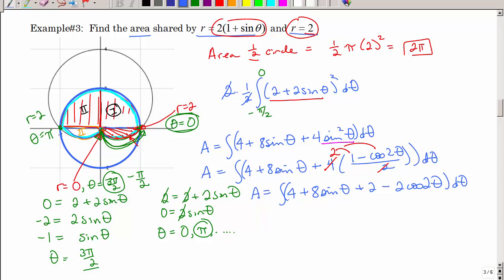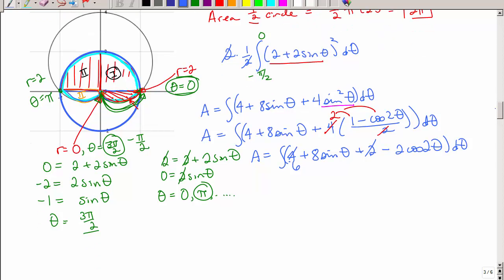I can collect like terms. 4 and 2 are 6. Okay, so now I'm going to integrate with respect to theta. So we have 6 theta plus 8 cosine theta. Here I need to be really careful. I have the minus 2 here, and then because of the 2 theta, I have to divide by 2, so it is sine.